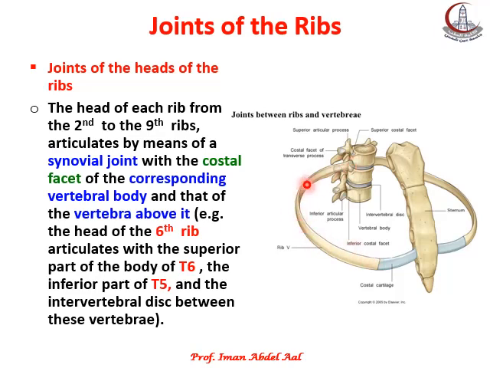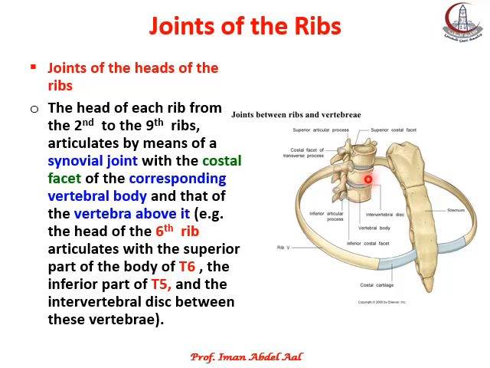So the head of rib number 6 will articulate with the superior facet on vertebra number 6, and will articulate with the inferior facet on the body of vertebra number 5 and with the intervertebral disc between those two vertebrae. Let's repeat this again.